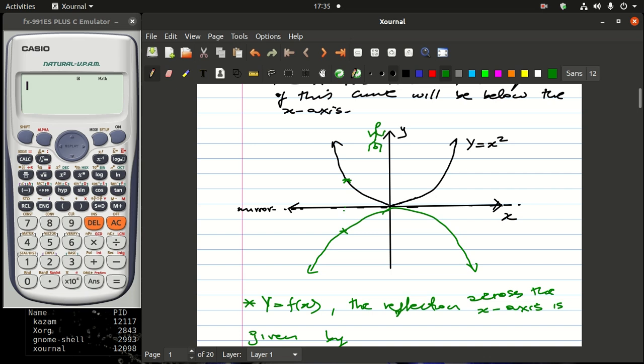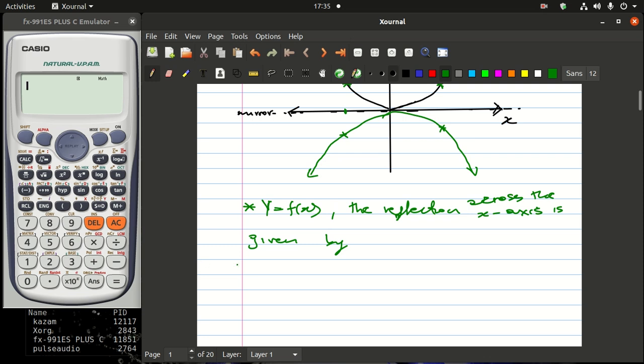This was positive, it becomes negative, even though I still have the same value of x. And also at this value here, it was positive, it becomes negative. If I were to stand on this side and look at this curve, its reflection along the x-axis will be that black curve.